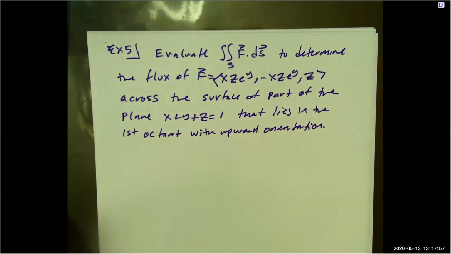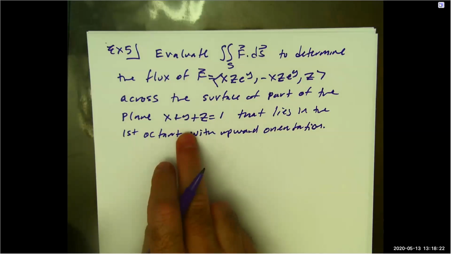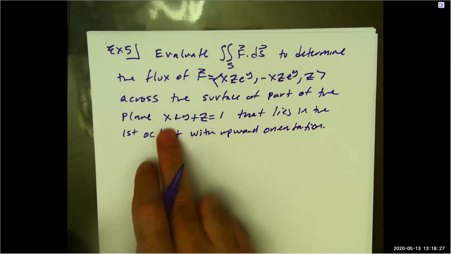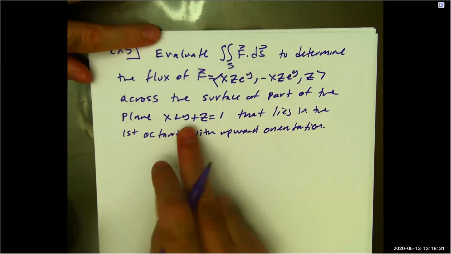Right, so whenever we're calculating flux, we always like to use the divergence theorem if possible. In this case, can we use the divergence theorem? Is it enclosed? It's a plane. Is a plane enclosed? No. So that means that we cannot use the divergence theorem. Since our surface is a plane and it doesn't enclose a solid, we can't use the divergence theorem.